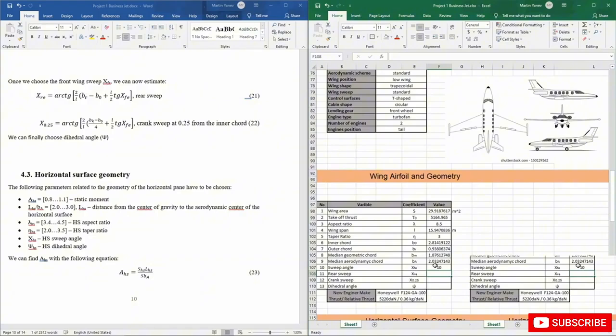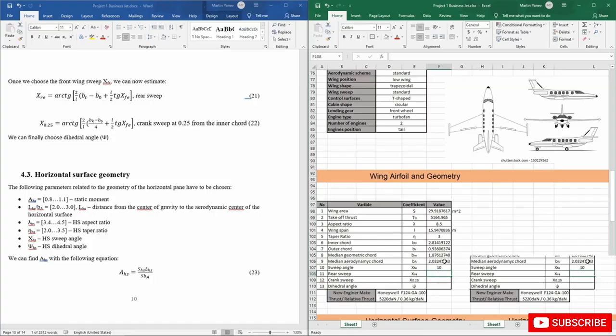Because at high speed we have higher shock waves, and the negative effect of the shock waves on the aircraft is basically reduced with increasing the sweep angle, because this reduces the effective Mach number on the wing. But about this also you can check in the aerodynamics course.